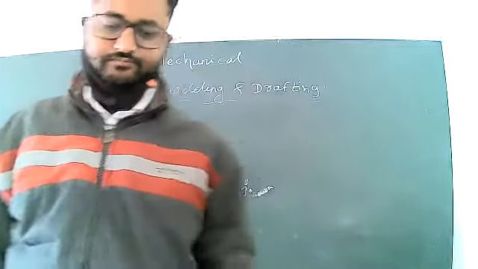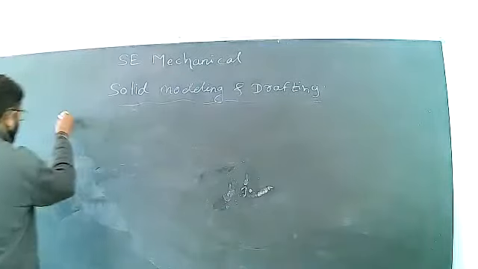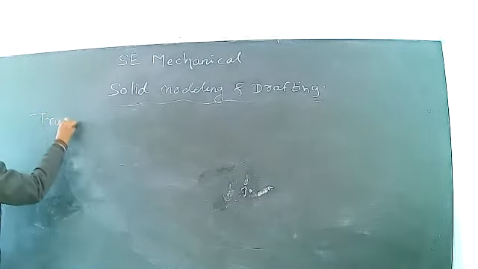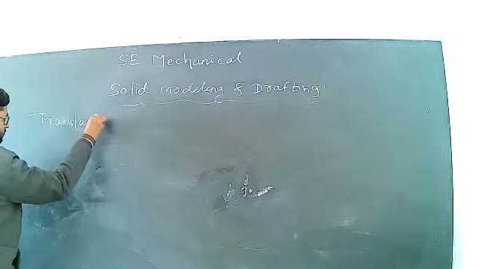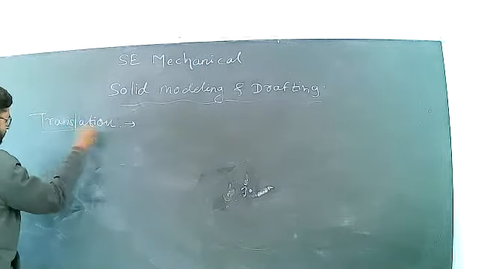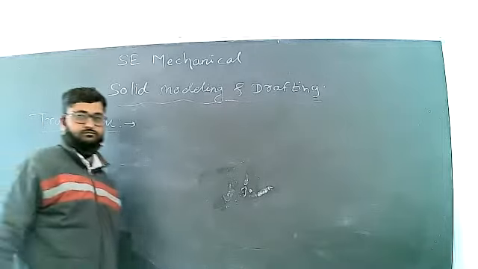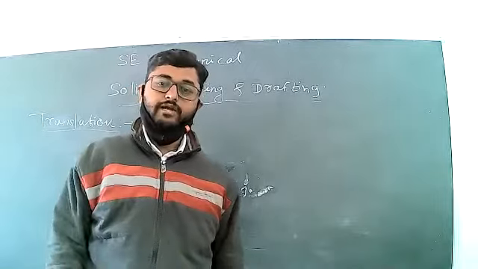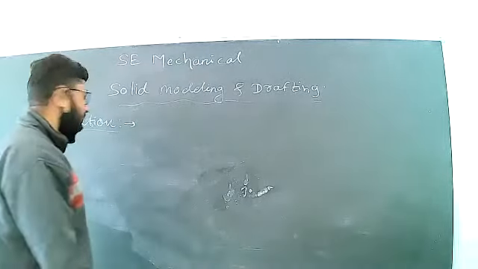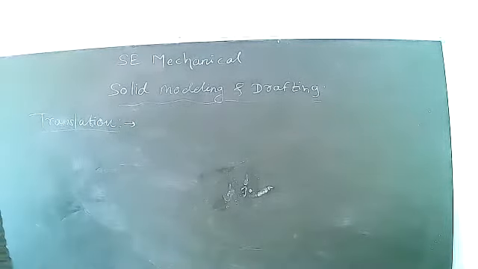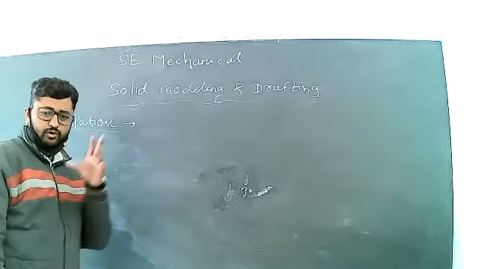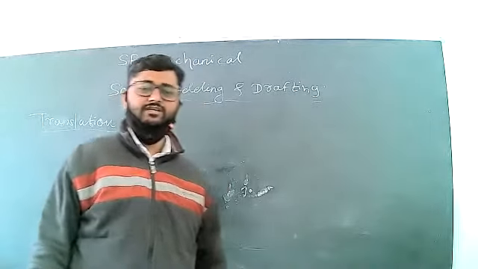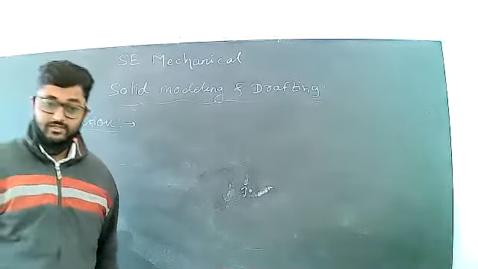So what is translation? Translation is when every entity of a geometric model remains parallel to its initial position, or every point on the graph moves by equal distance in a given direction.